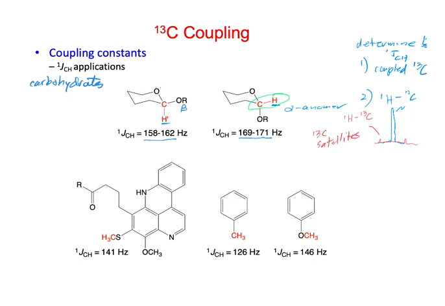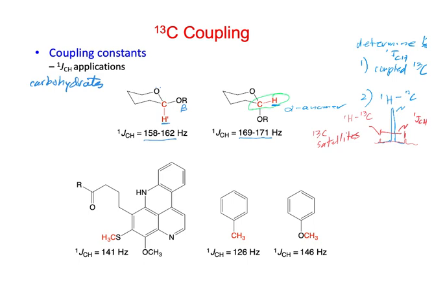And so then we would just measure this distance right here. And so we might be able to do that. Again, they're going to be quite small. So for one, you have to have enough sample that you can blow that up and have a clean enough spectrum. And it needs to be such that these C13 satellites are resolved from other peaks.